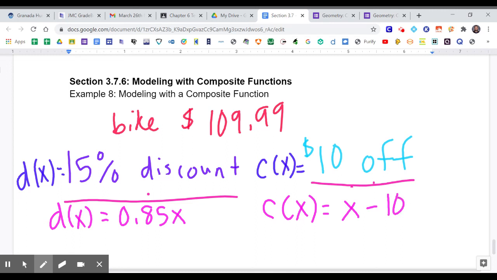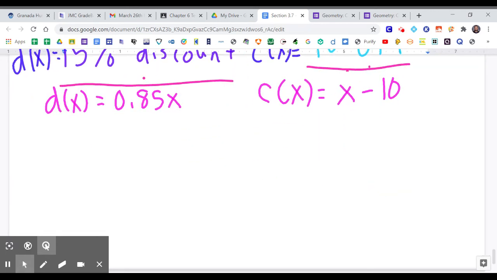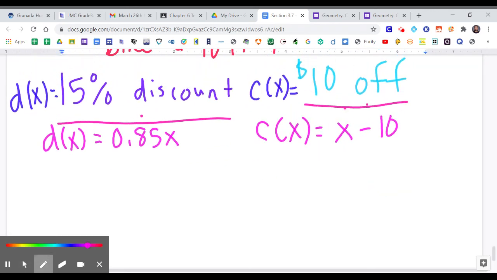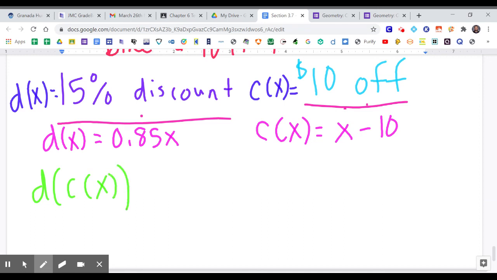So we're going to look at this both ways, right? Let's say we do the coupon first and then the discount. So we would call this d of c of x, and x being the price of our bike, right? So we're doing the discount of our bike, which would be at $109.99 minus $10, right?